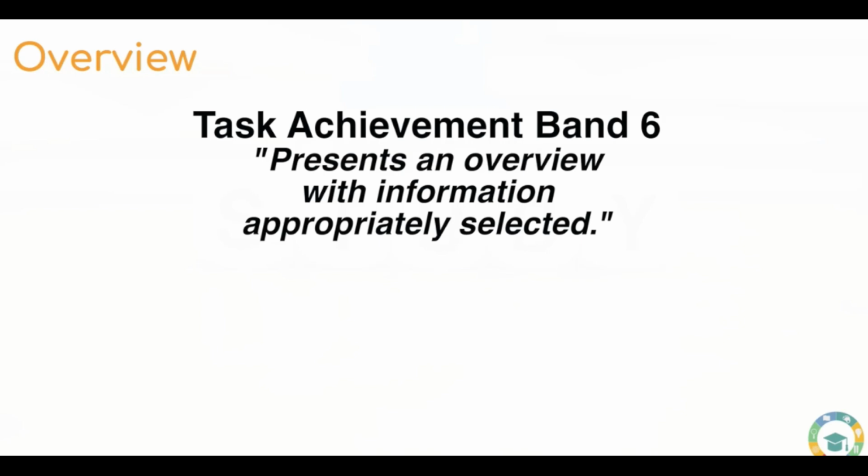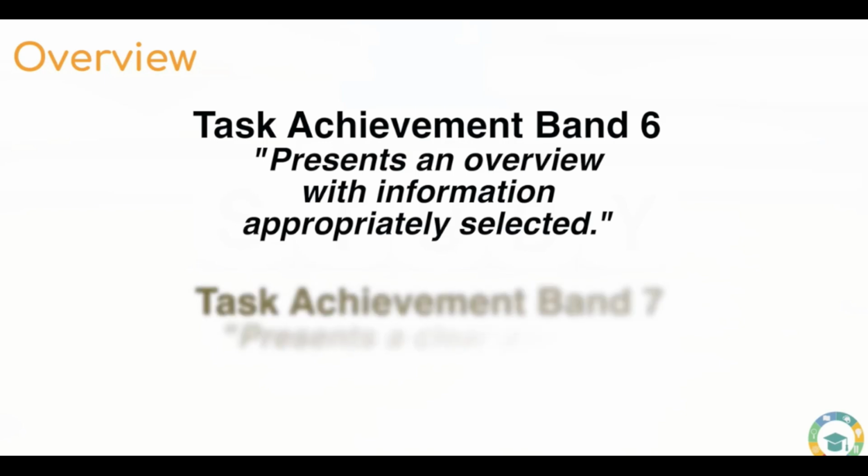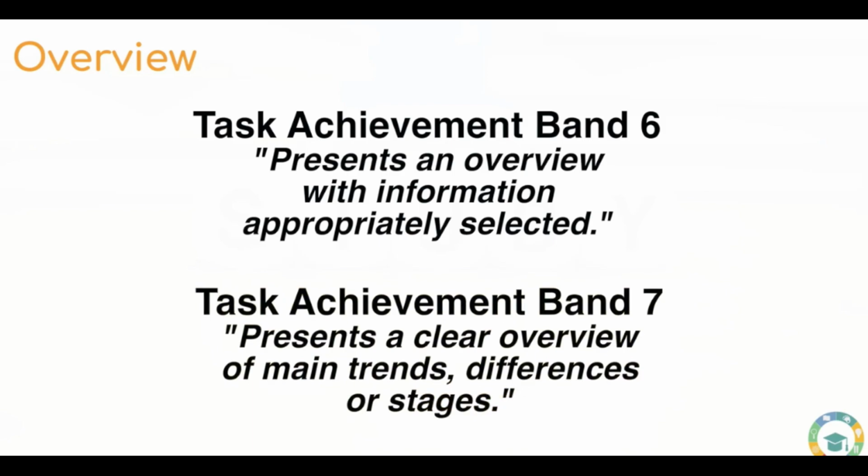And to score a Band 7 in task achievement, the descriptor states this, presents a clear overview of main trends, differences, or stages. So as we can see, it's very important that we include an overview in our report. But what exactly is an overview? Let's take a look at that now.